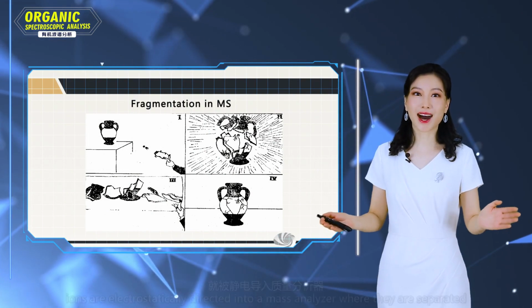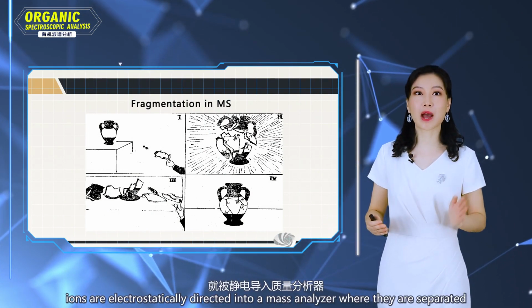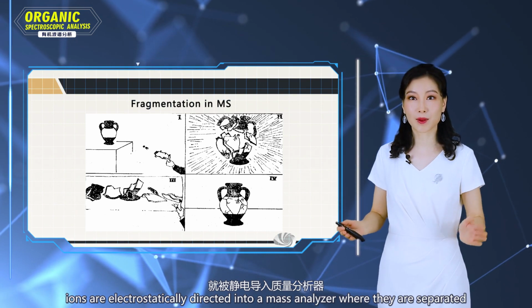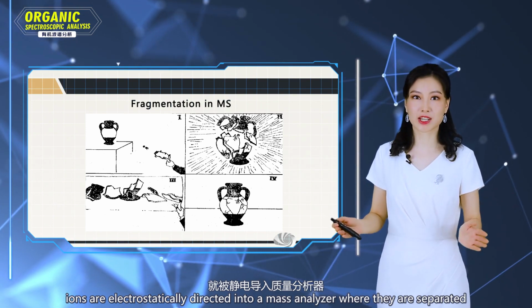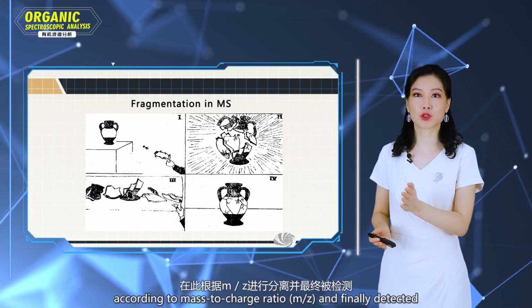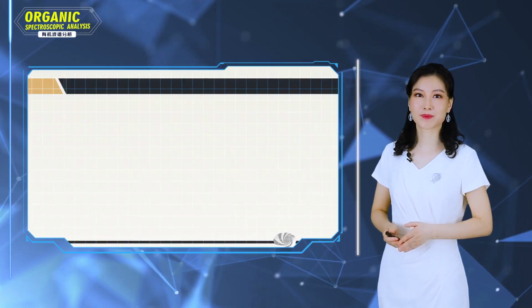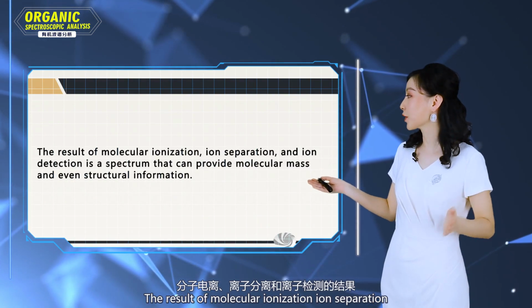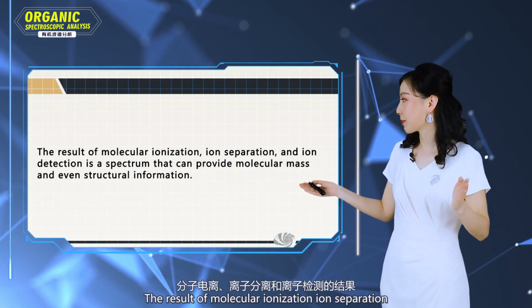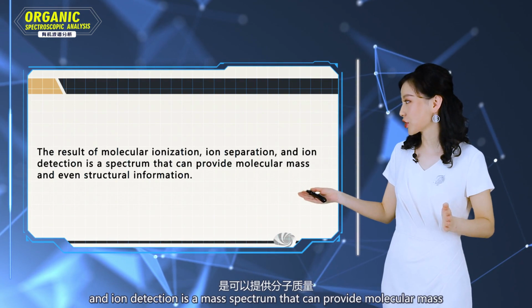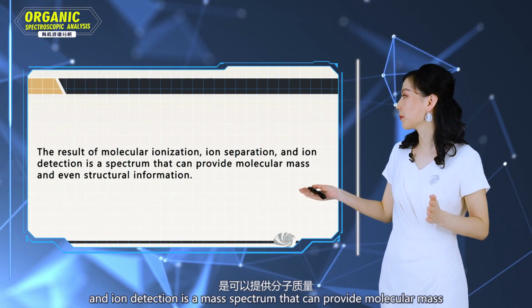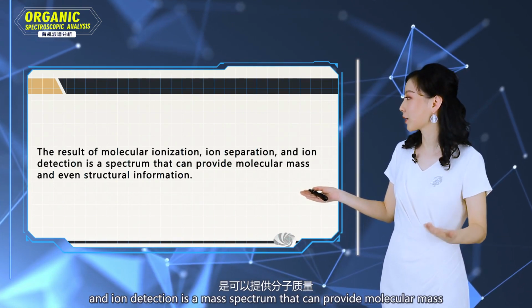Once formed, ions are electrostatically directed into a mass analyzer where they are separated according to mass-to-charge ratio and finally detected.